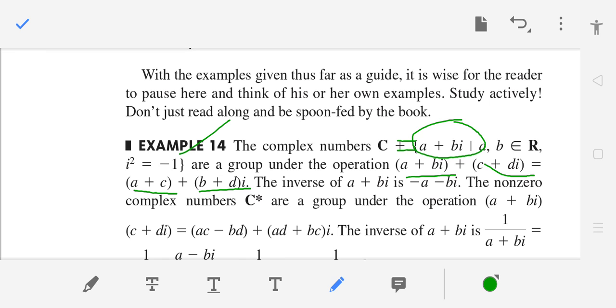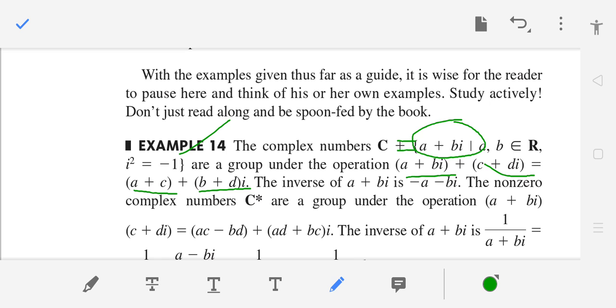In this example, a plus c is in the real line and b plus d is also in the real line, because if a and b are real, then their sum is also real. The inverse of a plus bi is minus a minus bi.